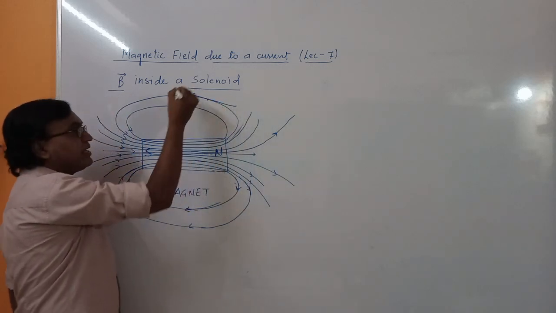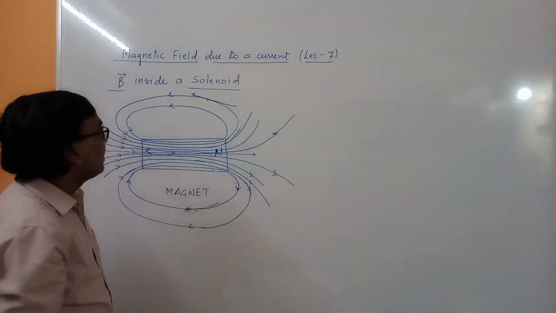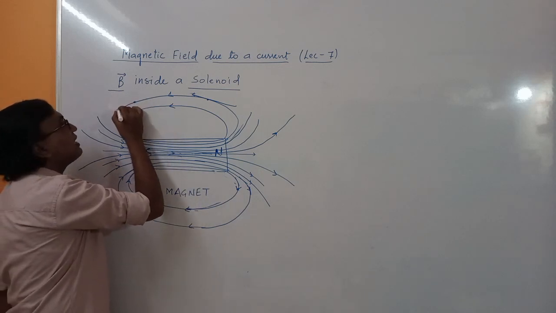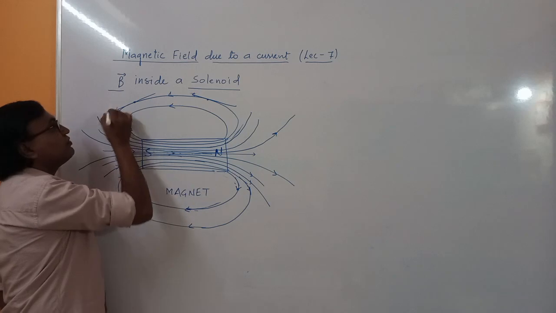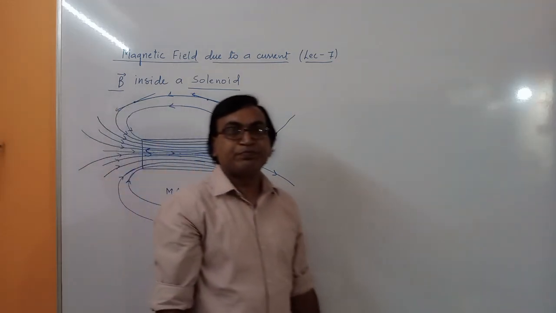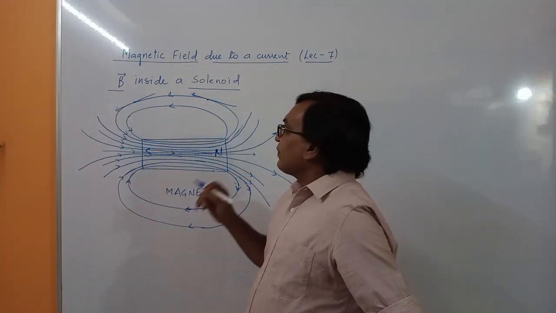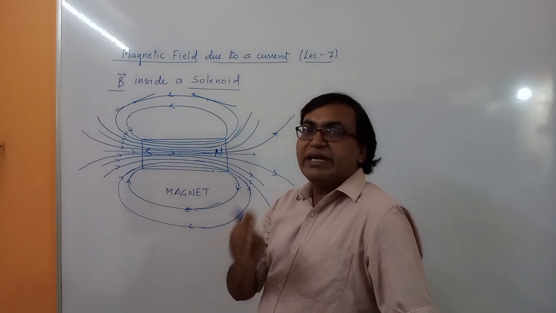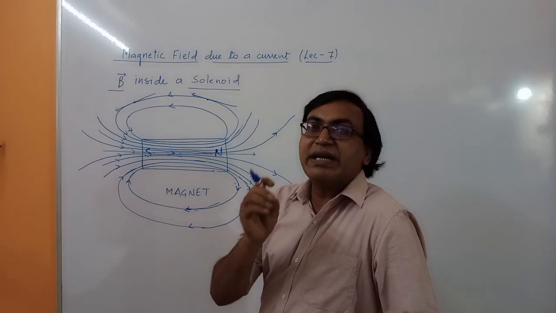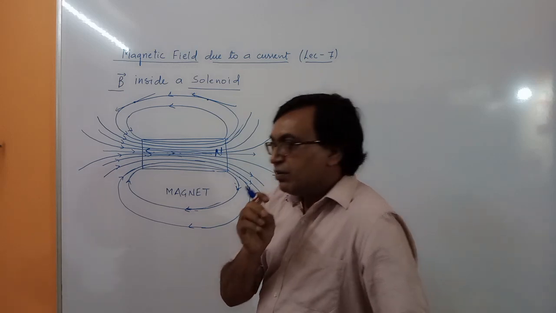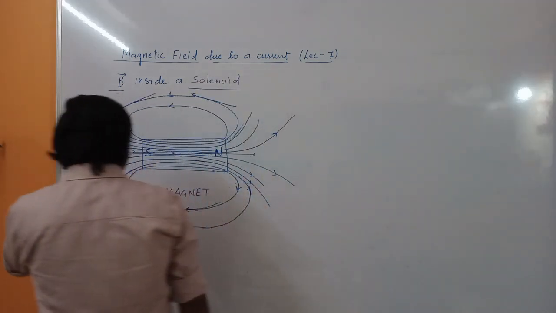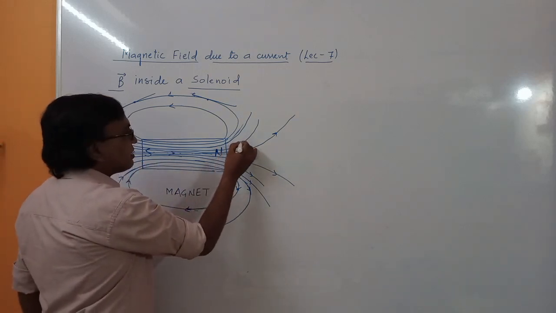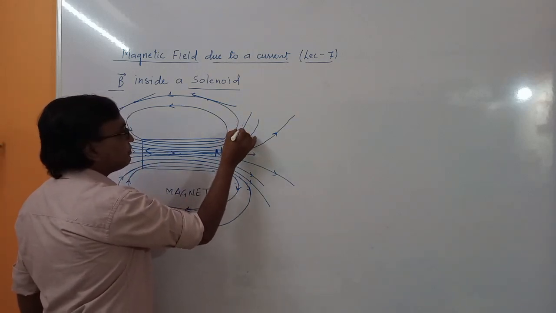So at this point the magnetic field is directed in this direction. Then similarly if you want the magnetic field at this point, draw a tangent at this point. So this will be the direction of magnetic field. So on a magnetic field line, the direction of magnetic field is given by drawing a tangent at that particular point on that curve. Okay, so these are the magnetic field lines for a bar magnet.